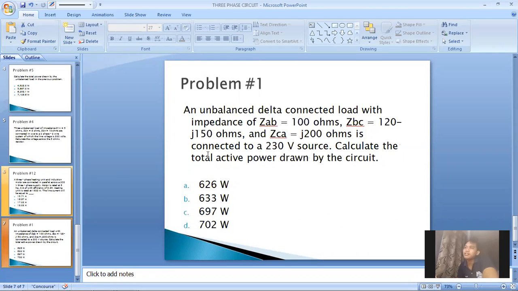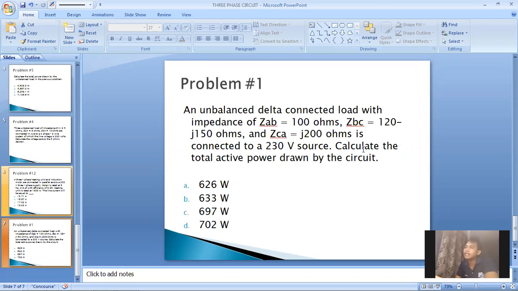Right? So for our last problem, problem number 1: an unbalanced delta connected load with impedance ZAB of 100 ohms, ZBC equal to 120 minus j150 ohms, and ZCA which is j200 ohms, is connected to a 230 volt source.